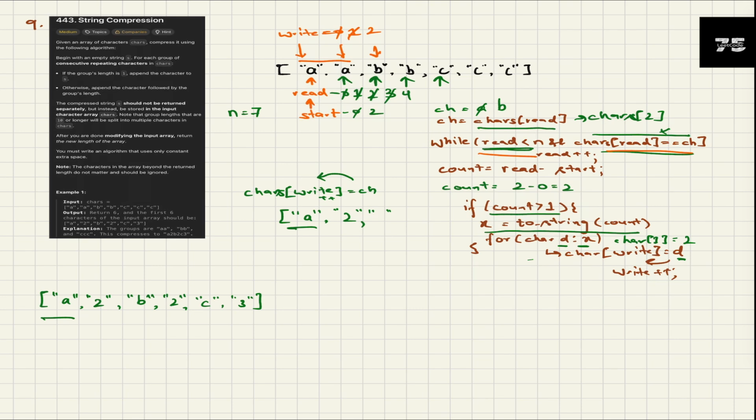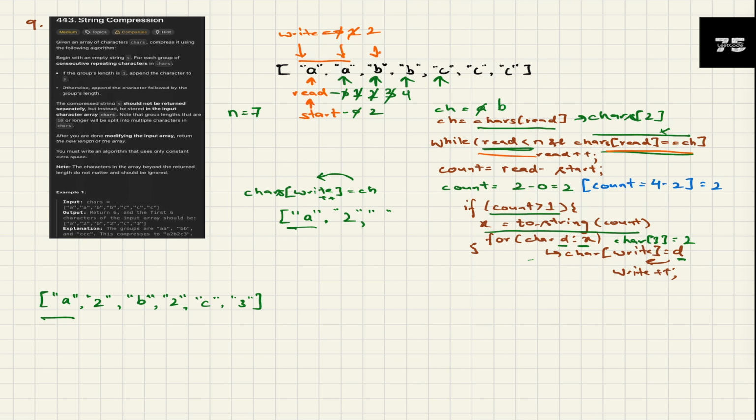Again, I will change the pen for this character. I'm using blue. Now my count is nothing but read minus start. My read is pointing to 4, my start was 2, so the count is 2. Since the count is 2, first I'll write my character like we did last time.